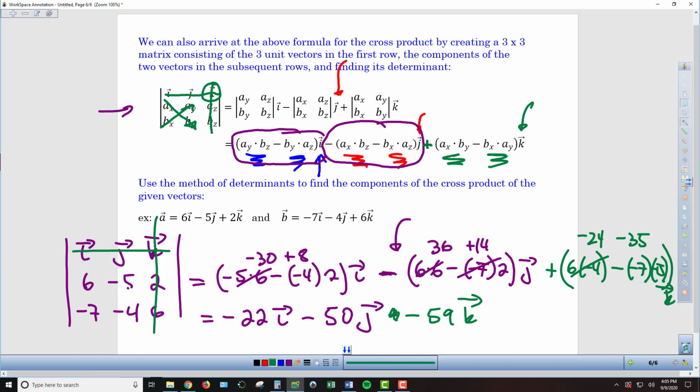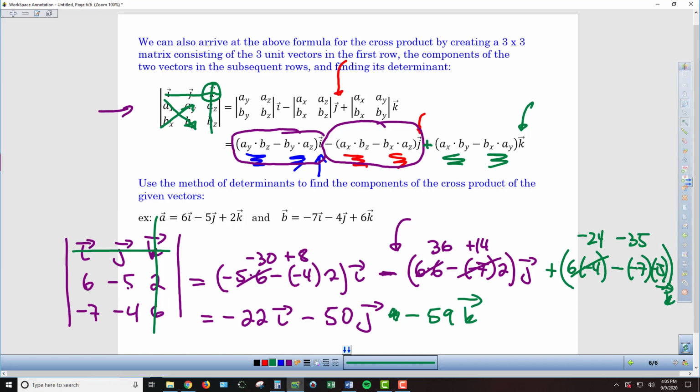It's just now, instead of having had to memorize the various multiplications and subtractions to get these components for I, J, and K, we have this visual approach that we can take. Eliminate the top row and the first column, multiply the two diagonals, and subtract.